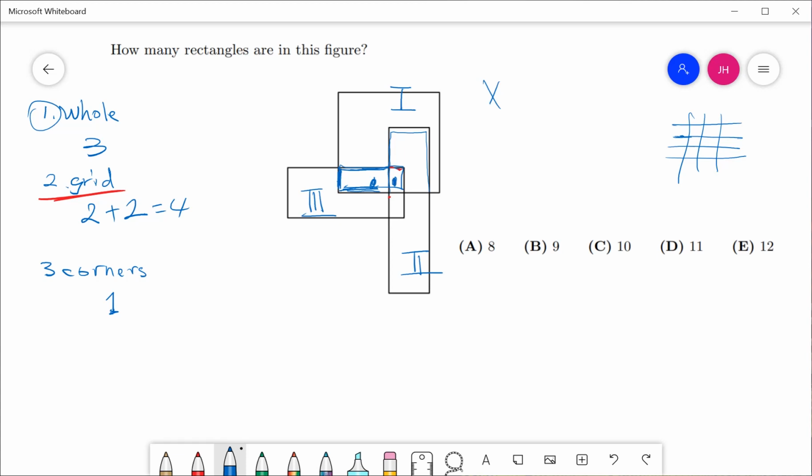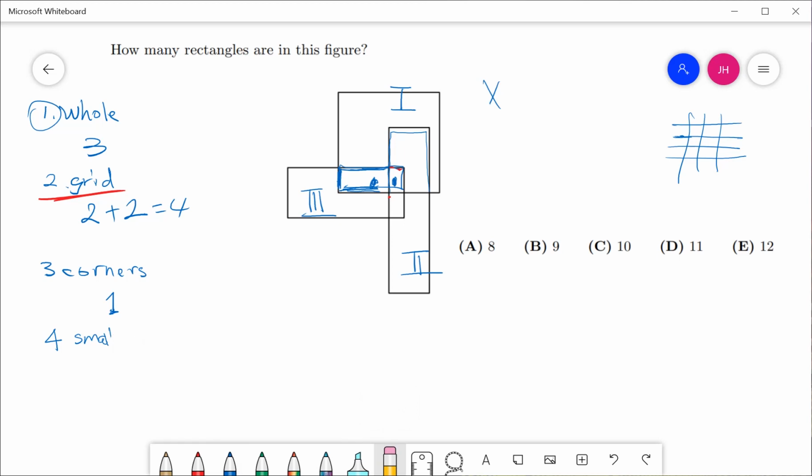For example, these ones are neither a whole rectangle, a grid rectangle, nor a corner rectangle. They're really small. They're not a corner. They're actually part of either the corner rectangle or grid rectangles. So in that scenario, I'll call this casework 4. Let's call that small.